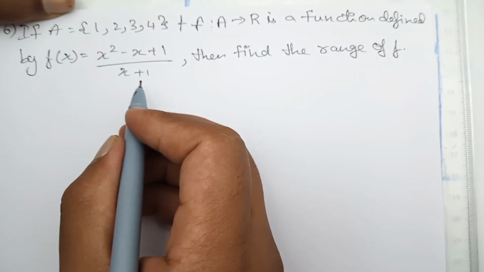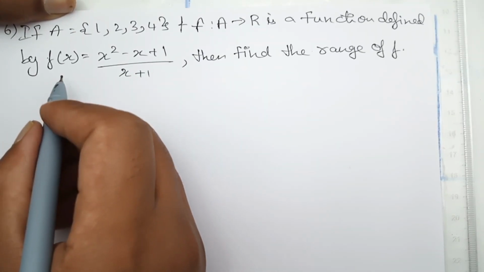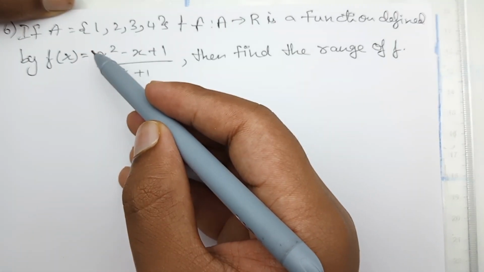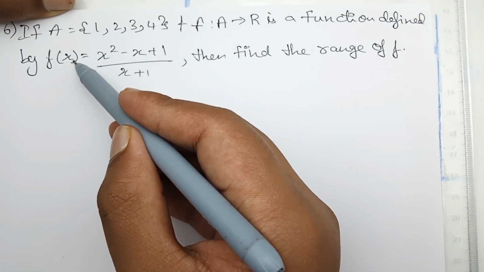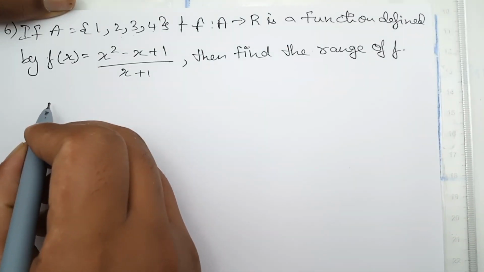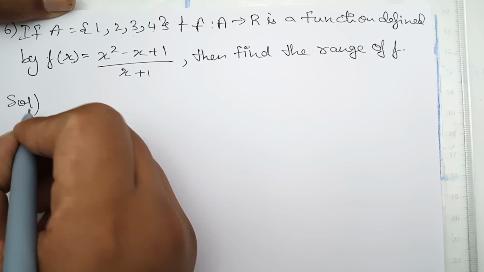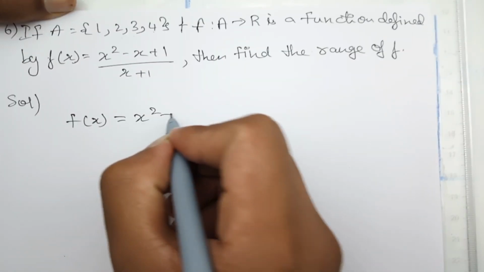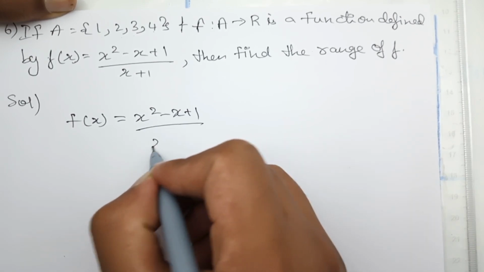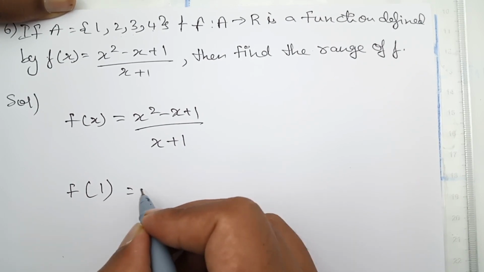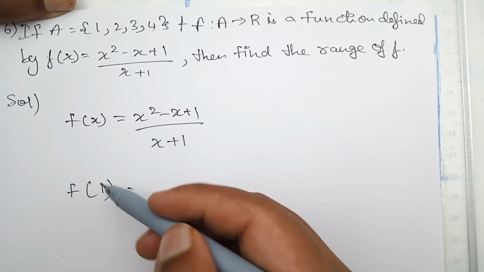To find the codomain, x, which is here, should be replaced by every element in the domain. Now we'll do the first step, that is f of x is equal to x square minus x plus 1 by x plus 1. Then we should replace x by 1. Now here x is replaced by 1.